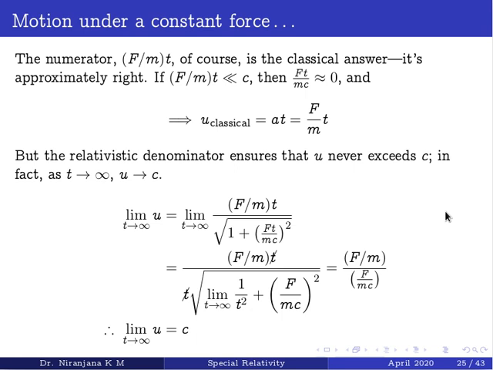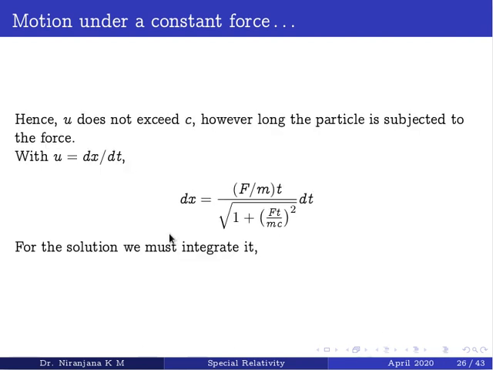You can expect that if you go on accelerating for a large amount of time, the velocity of the particle may cross the velocity of light, but it is not possible. The relativistic formula shows that however long you apply the force on the particle, the velocity can never exceed the velocity of light. It will just tend to the velocity of light c. Right.